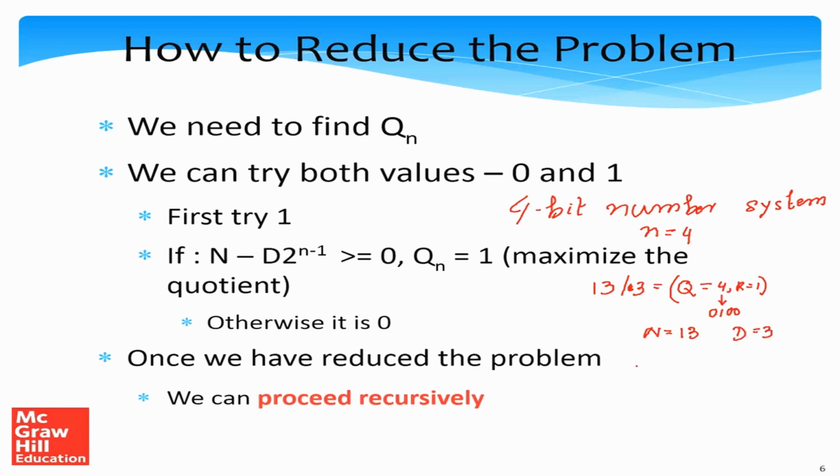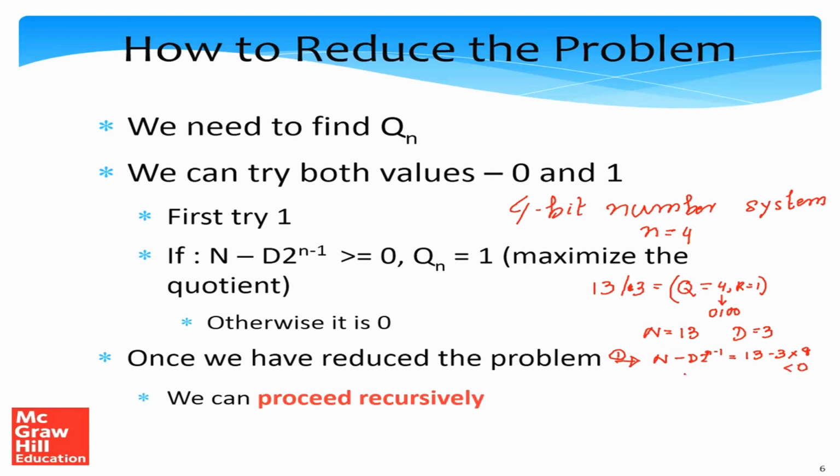Let me first, in iteration number 1, compute n minus d times 2 raised to the power n minus 1, which is equal to 13 minus 3 times 2 to the power 4 minus 1, which is 2 cubed, which is 8. So 13 minus 24 is less than 0.